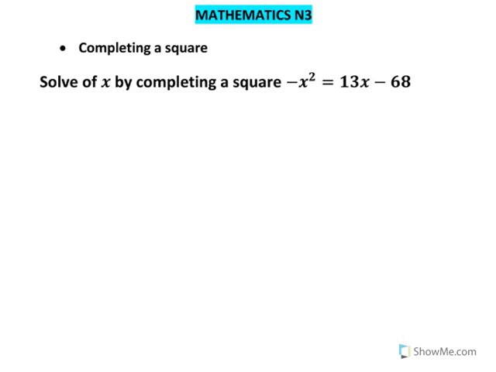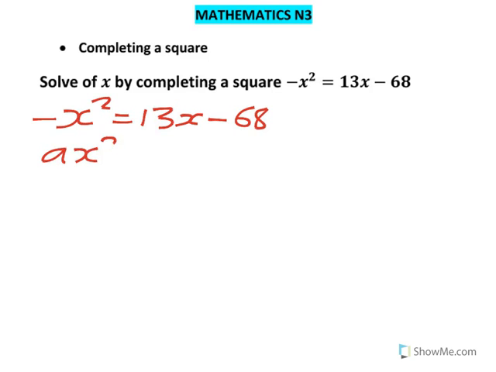A similar method again, if I can show you this one, it says solve for x by completing a square. They gave us minus x squared is equal to 13x minus 68. Again, remember, to complete a square, it must be ax squared plus bx plus c equal to 0.